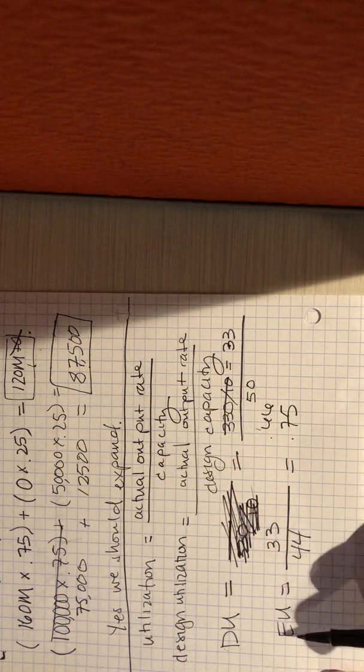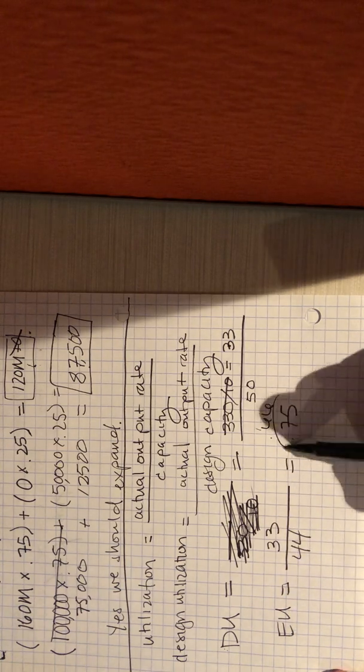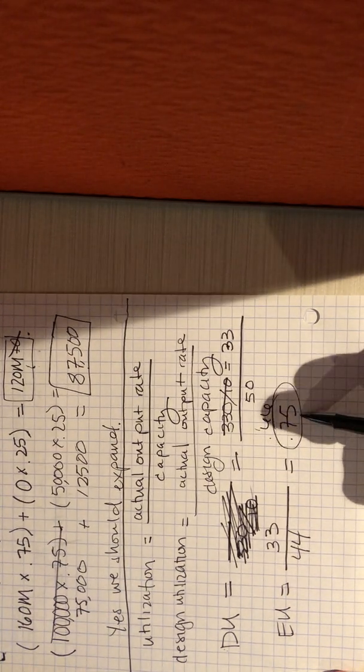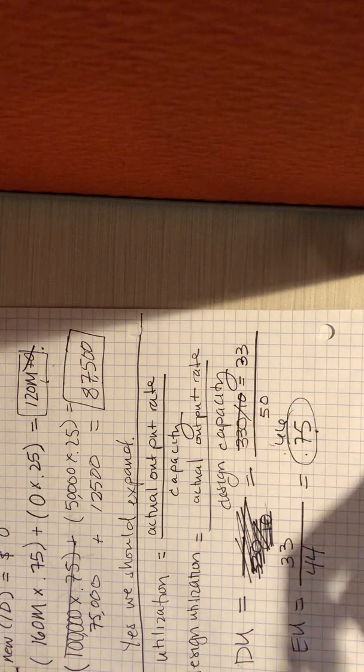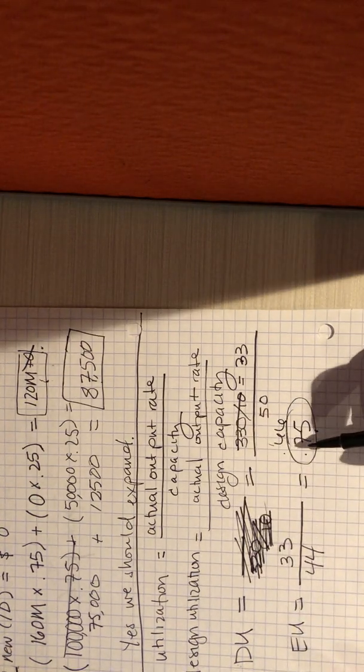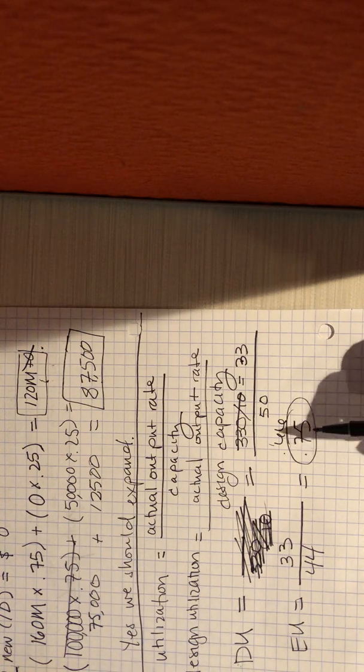So because our effective utilization is at 75%, we actually could increase our production more. So the clinic is being underutilized. It is not effectively meeting capacity.